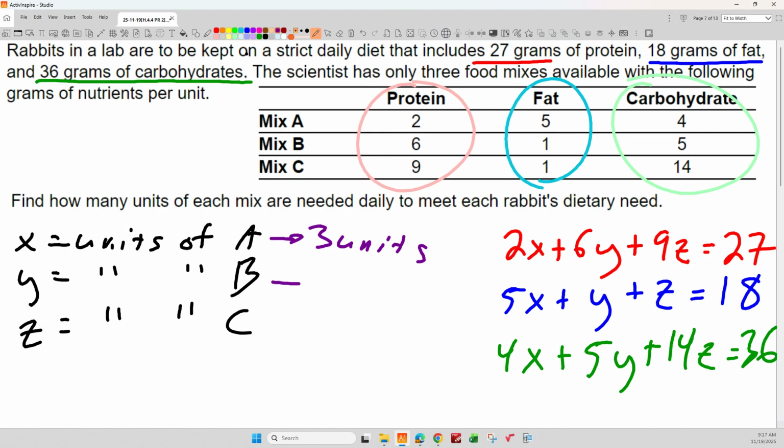So 3 units of A. 2 units of B and 1 unit of C. Okay, make sense? And I'm just going to put this into a, what would the dimensions be of my augmented matrix here? What's it going to be? 3 by 4, yeah. Okay. And it's in standard form, so we're good. All right.